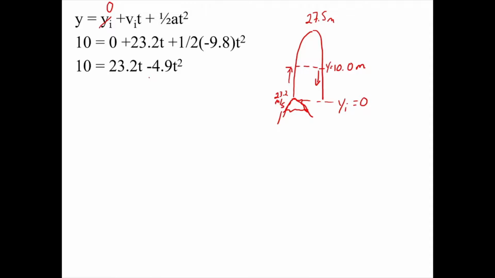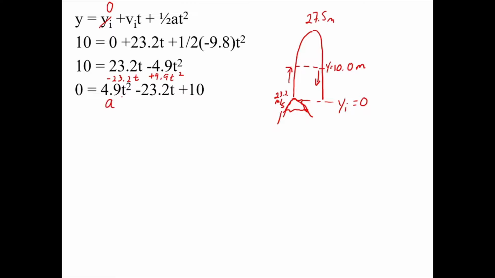Let's see what we're going to do. Let's add 4.9 t squared to both sides and subtract 23.2 t. I want to get everything on the same side, and I'll tell you my preference is to have the one with the t squared positive. And I've had other students tell me that over the years, that that's the way they prefer to do this. So look what we have.